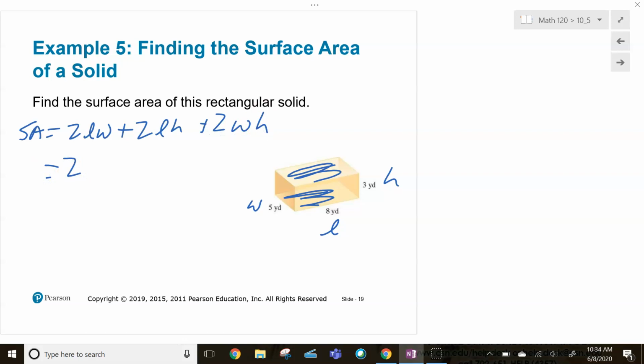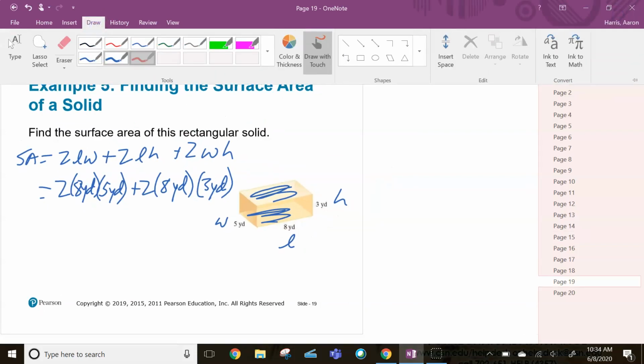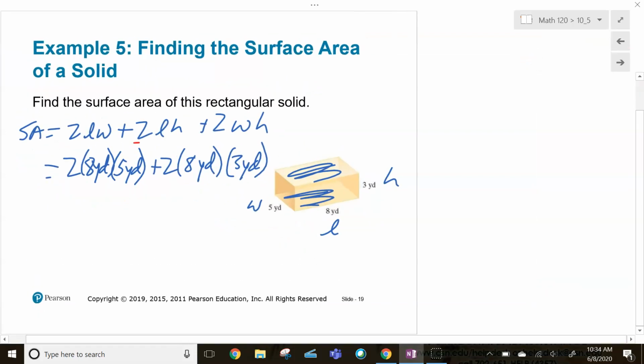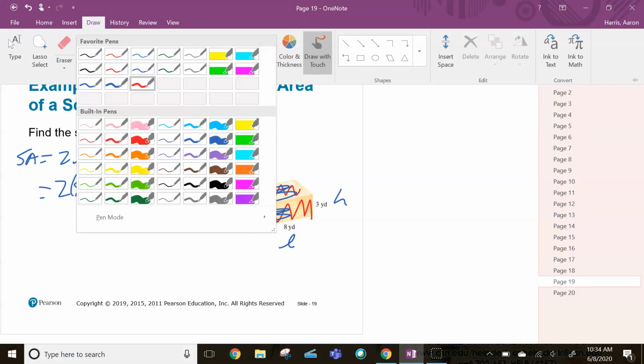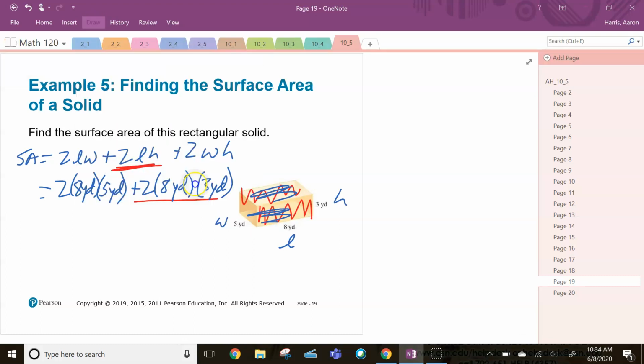So length, 8 yards, width, 5 yards. 2 times the length, 8 yards, and the height, 3 yards. Okay, so this one, 8 yards times 3 yards, that's the front and the back. 2 of those, right?